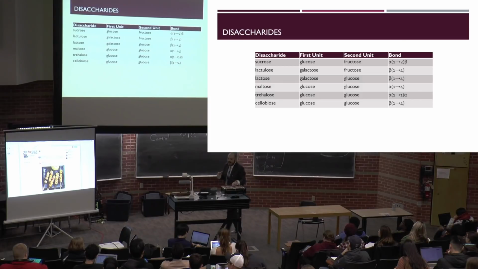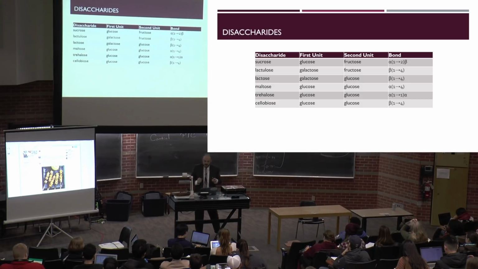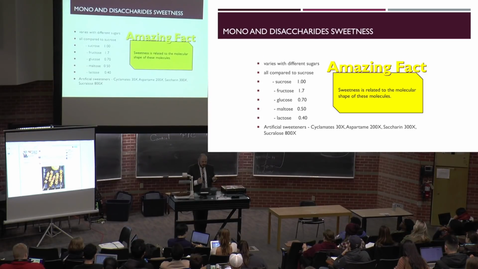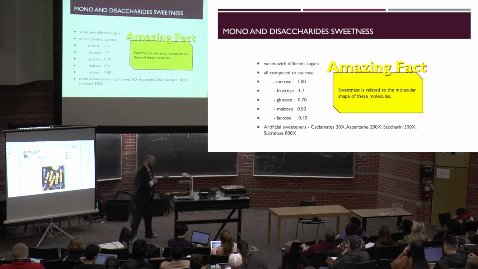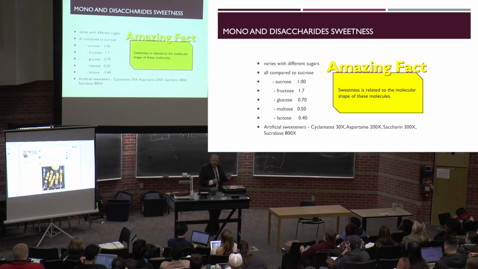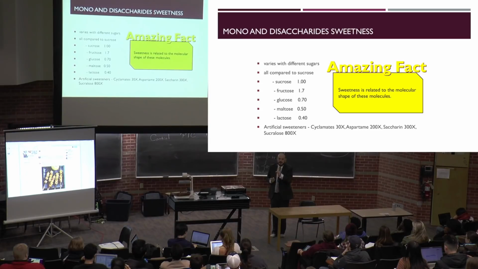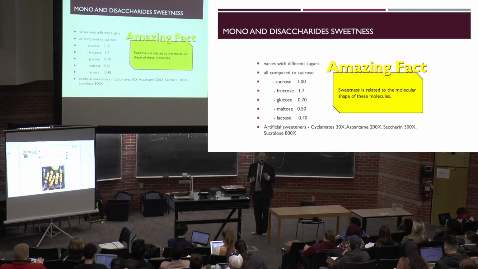If you have a conformation where that hydroxyl group is not in an ideal position, it won't be as sweet. For some reason, we compare everything to sucrose. That's just the way we do sweetness profiling. So sweetness is dependent on the three-dimensional shape of that molecule, and that is highly dependent on the conformation and configuration of that sugar molecule.